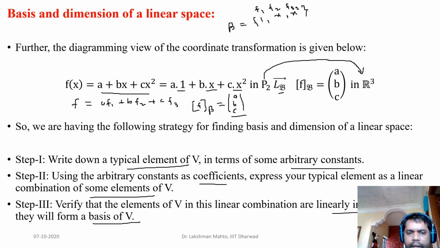So these three steps we can generalize from the previous examples. Through these steps we can find a basis of a general linear space, and we can find the coordinate vector as well. So your ultimate idea is: find the basis, then find the coordinate vector.